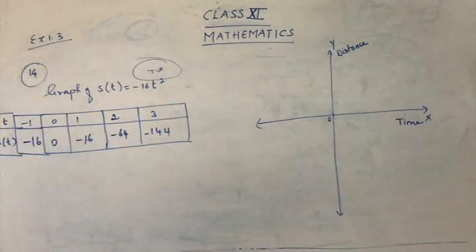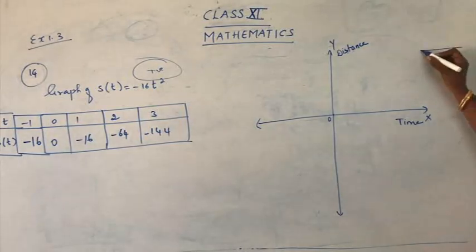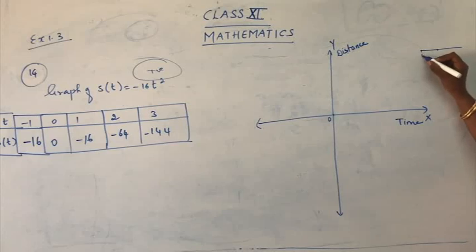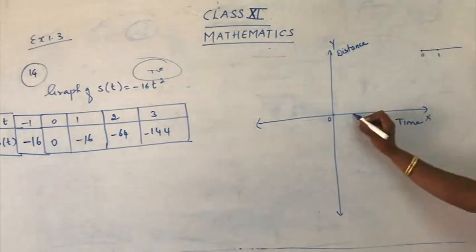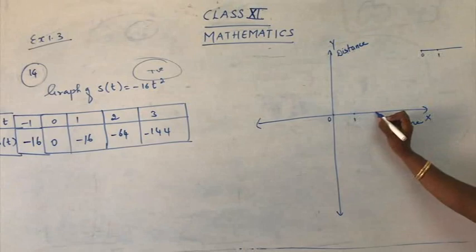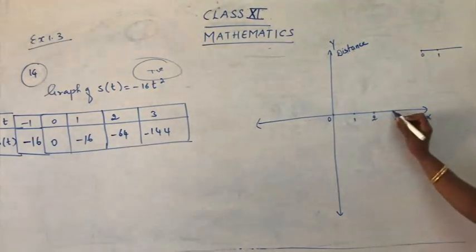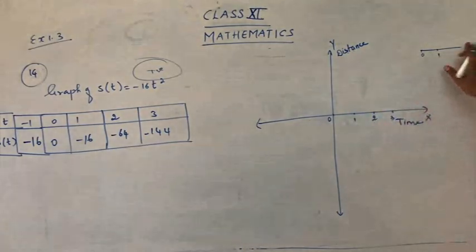We are creating our own graphs. Use your scale and pencil to plot the points. You know the distance, 0 to 1. You mark 0, 1, then mark 2, then mark 3, so that it looks neat.